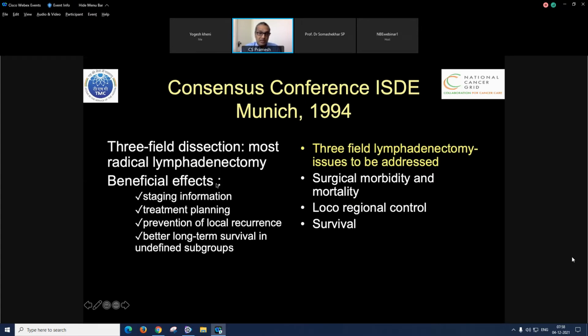While there is certainly benefit in improved staging with treatment planning, probably the prevention of local recurrence, and in some subgroups better long-term survival, the unanswered questions were on surgical morbidity and mortality, local regional control and survival, and it urged that well-conducted randomized trials needed to be done. I'm talking of something 27 years back, and I'll come to what has happened in the subsequent 27 years.